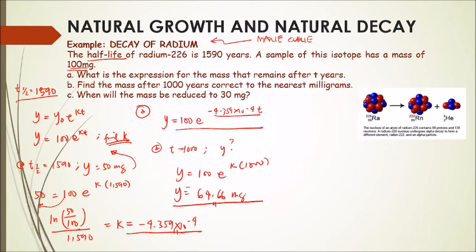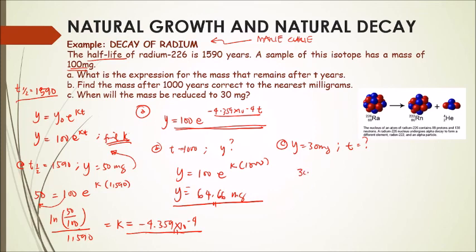Okay? So when will the mass be reduced to 30 milligrams? This is letter C. There is a y given, 30 milligrams. Then when does it happen? So time is what we are looking for. When will the mass be reduced? Now again, we can use this formula.